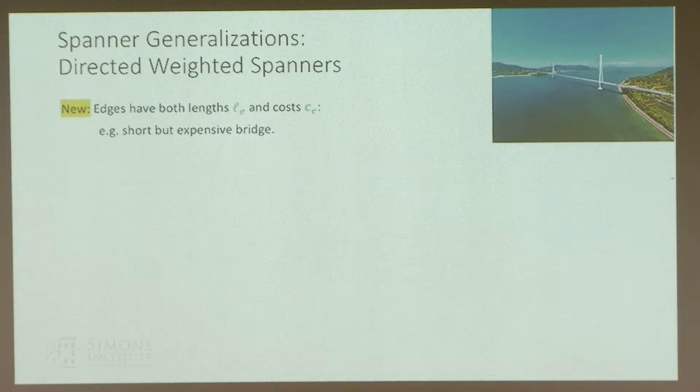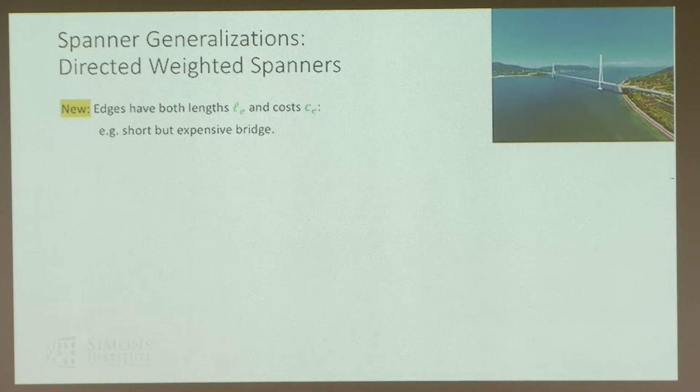So just very quickly, what are the next two problems we look at? So I forget about online. Now I'm moving to a generalization of spanners called directed weighted spanners. So in this version, the edges not only have lengths, but also arbitrary costs. So for the standard spanner question, the edges have cost 1.